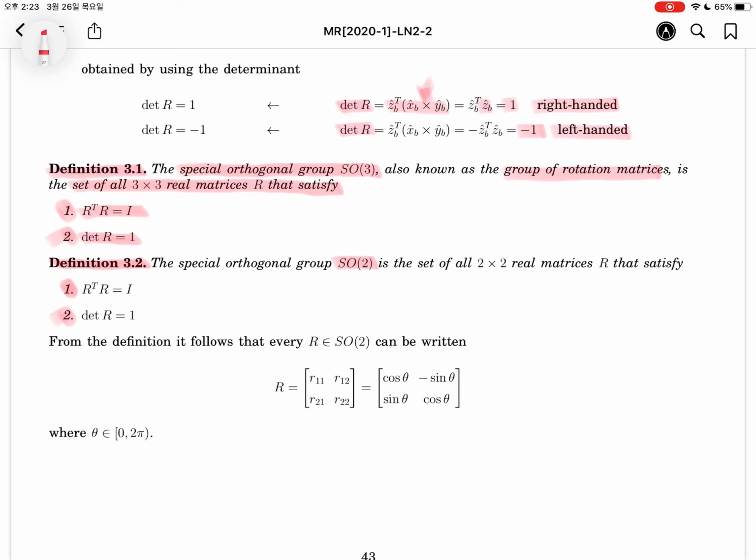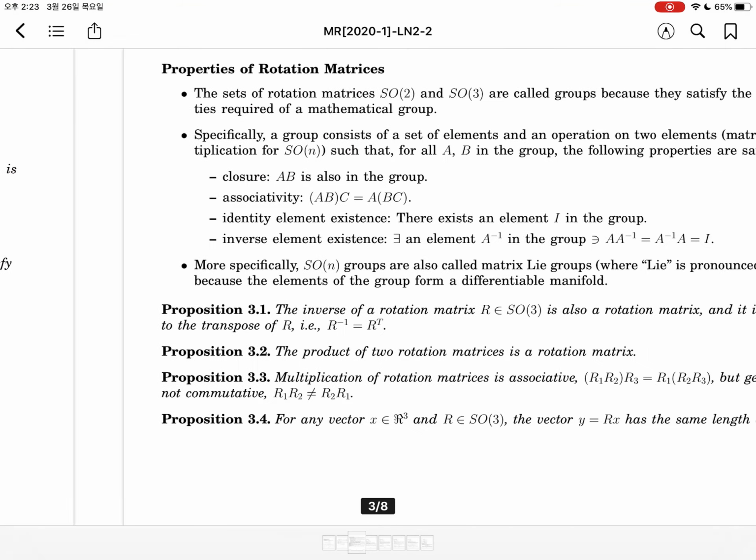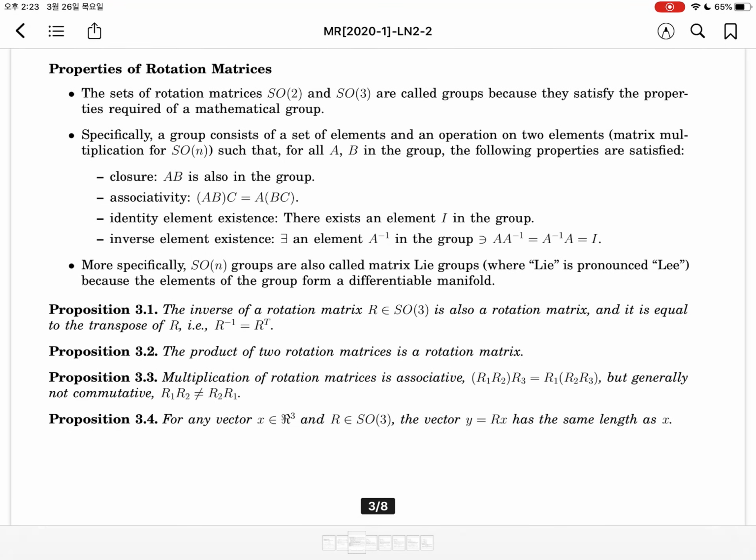In the case of the SO(2) rotation matrix, maybe you are familiar with this kind of rotation matrix from high school, so we will skip. Okay, let's consider the rotation matrix properties. In order to explain it in a mathematical way, we will introduce the group.